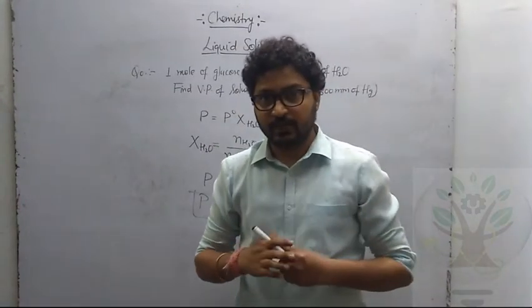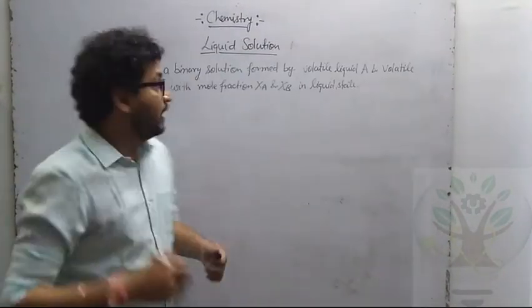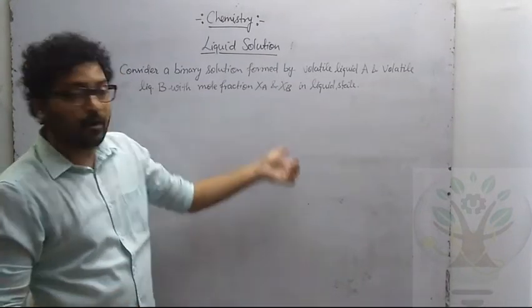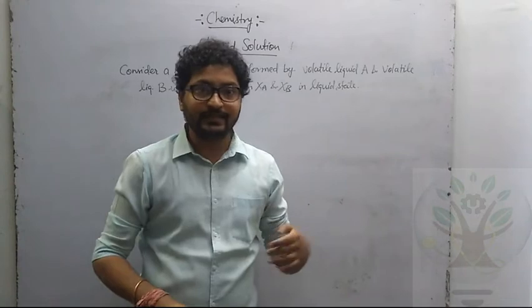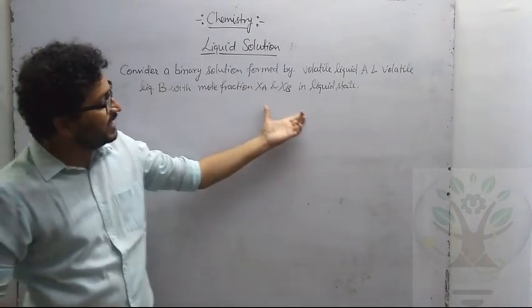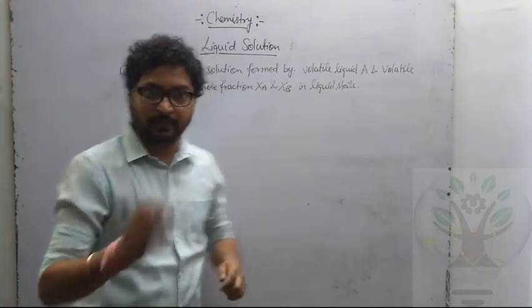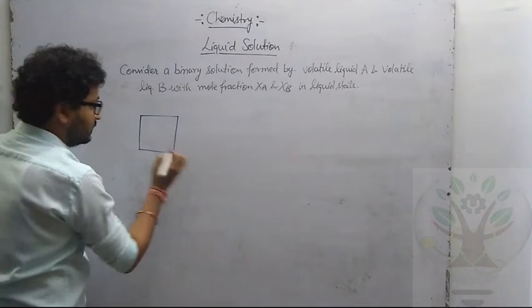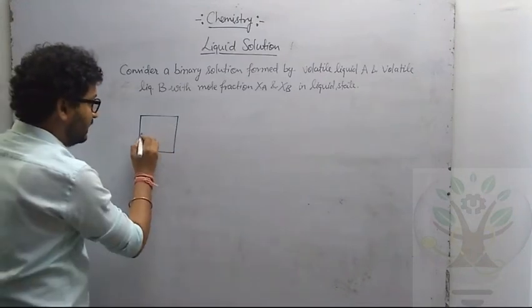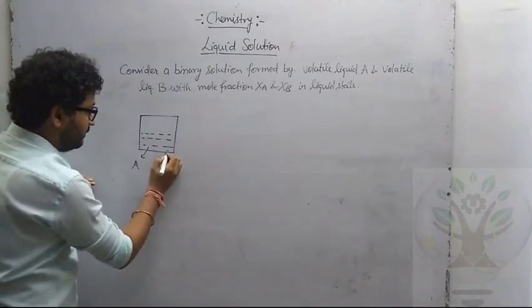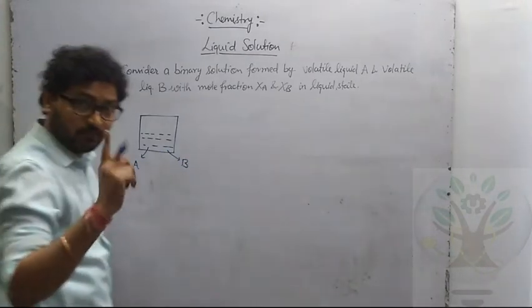Are you getting the same? Okay, let's move forward. Now, let's discuss a case where we have a binary solution formed by two volatile liquids A and B. Those two liquids have mole fraction XA and XB in liquid state. Means, suppose I have a vessel, and I have taken two liquids here, liquid A and liquid B. Both are volatile.